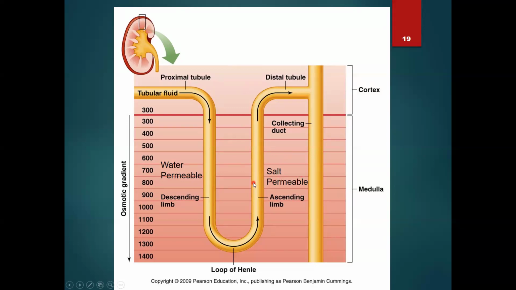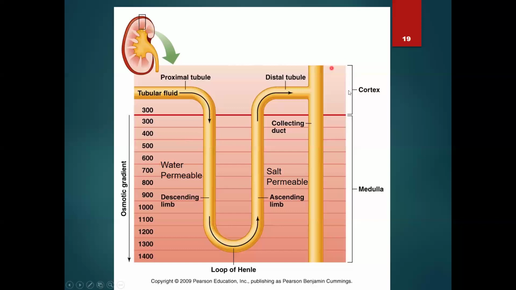It has to be allowed through by a certain pump. And if you don't have that, you just have the salt, higher and higher salt concentration where the water can't get across and dilute it, but it can here. So remember, water permeable for the descending limb; for the ascending limb, salts can go past into the blood, which is salt permeable, but water cannot.